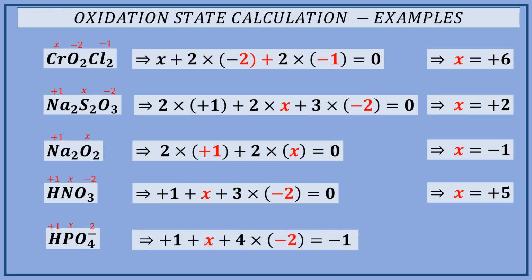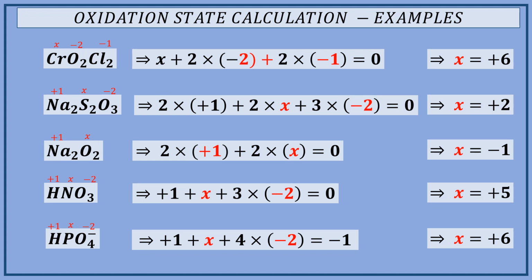Now there is a net charge of -1 present in this ion, so on adding the oxidation state of each atom, we will equate it to -1. So +1 plus X plus 4 times -2 will be equal to -1, and this will be our equation. On solving it for X, we will get the oxidation state of phosphorus to be equal to +6.